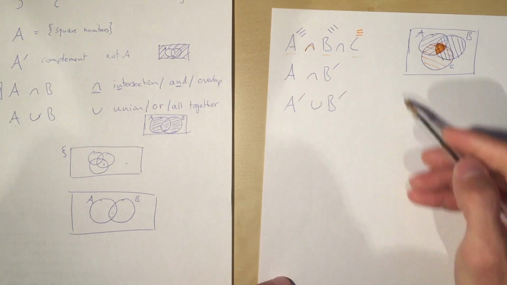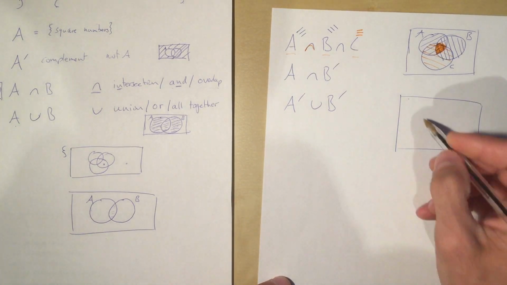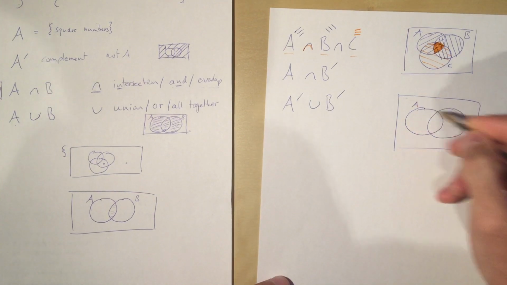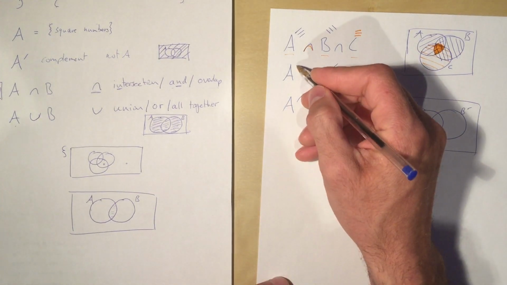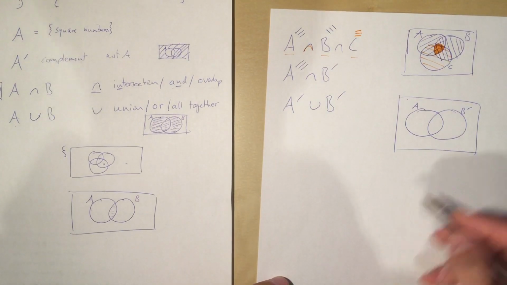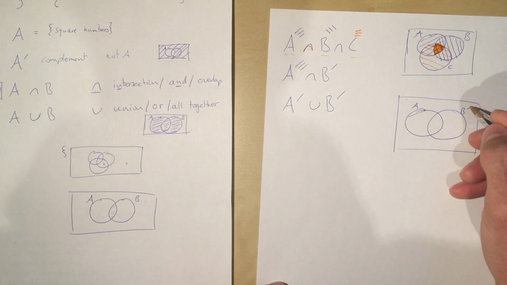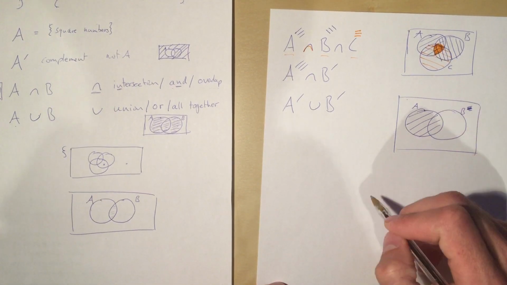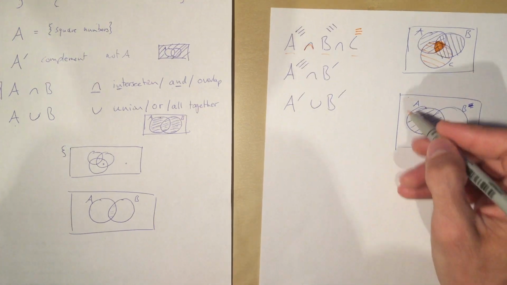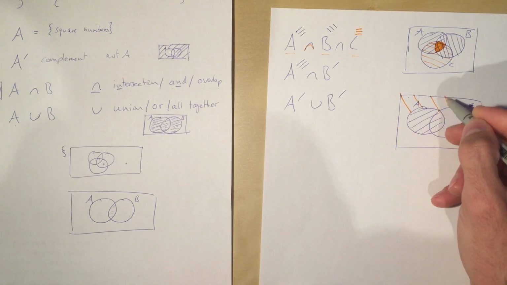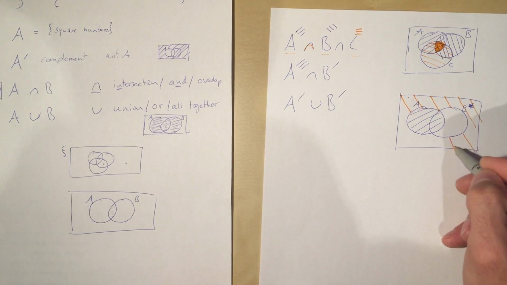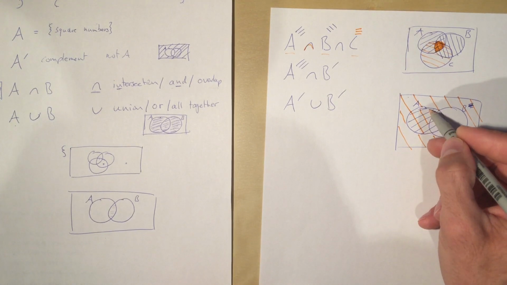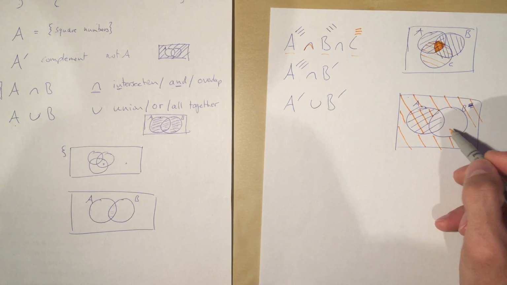So A intersection B dash, so let's draw that one. We've got a Venn diagram with just A and B in this case, there's no C in the question. So I'm going to colour A in with shading in that direction. B dash means not in B, so that would be this part outside, and it would also be this bit of set A. This bit is in the circle for B, so we can't include that.